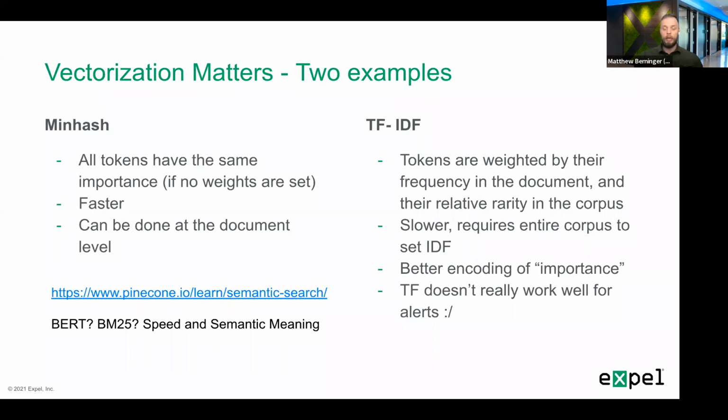Whereas TF-IDF, or term frequency inverse document frequency, is a canonical traditional way of encoding meaning in natural language processing. And that requires the entire corpus to calculate the document frequencies of certain tokens across the entire corpus. So to the example James gave, when you have one new document and 1 million pre-existing documents, if you were doing TF-IDF, you would have to recalculate the vectors for all of those documents now because your population has shifted.